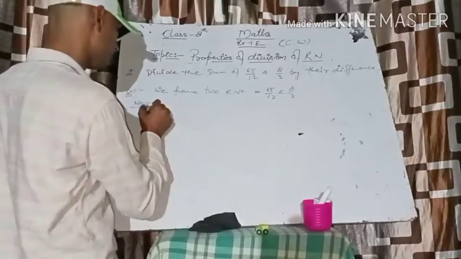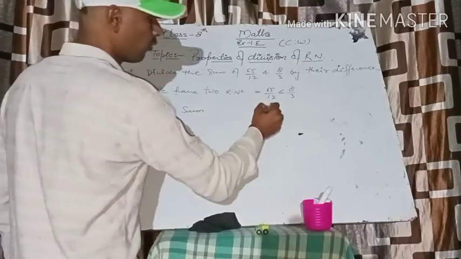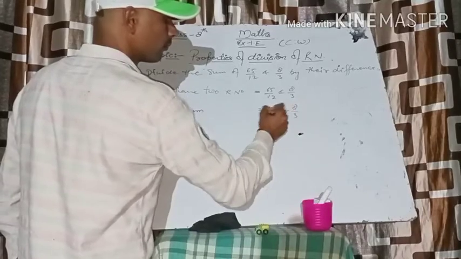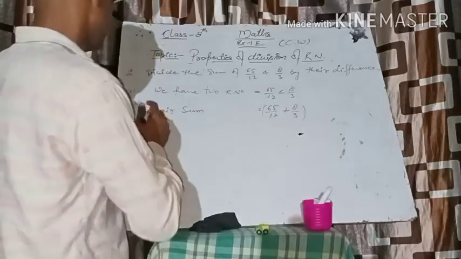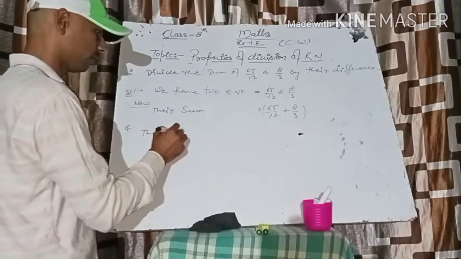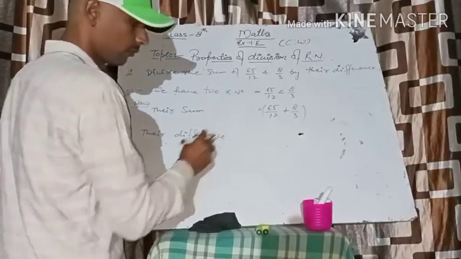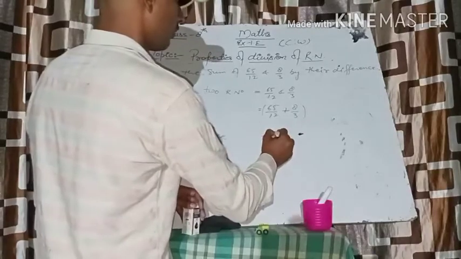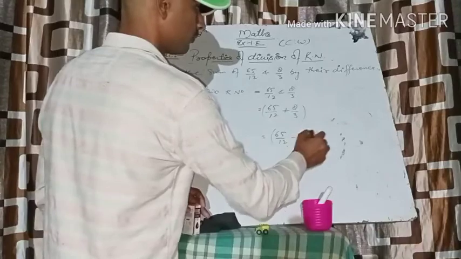Their sum equals 65 by 12 plus 8 by 3. It will be the sum. And their difference is 65 by 12 minus 8 by 3.